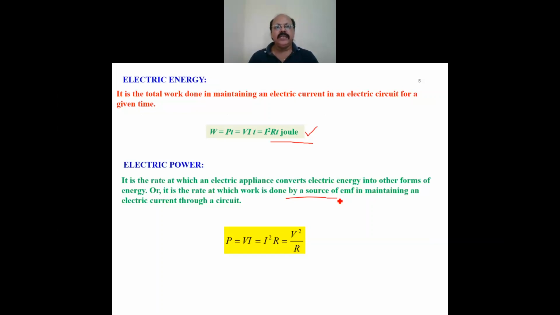That is called electric power. So you know the formula, P equals VI and V equals IR, so it becomes I square R, and further if you put I equals V upon R, you will get it in terms of the voltage also, V square upon R. So these two definitions you just remember, as well as their formulas.